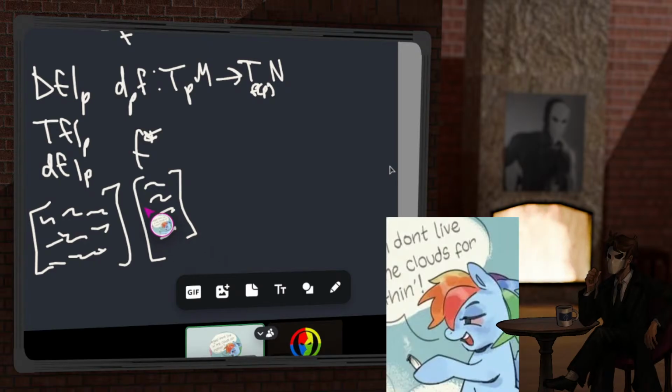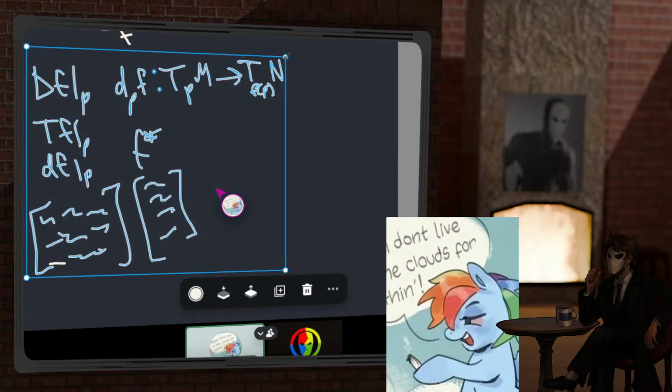So it's basically a linear transformation that smoothly varies from point to point.